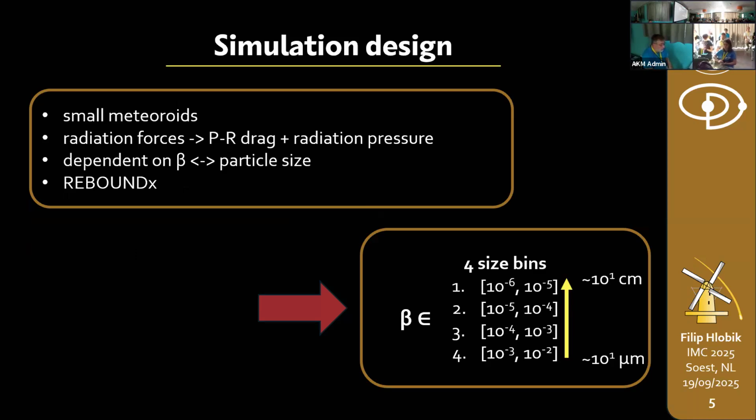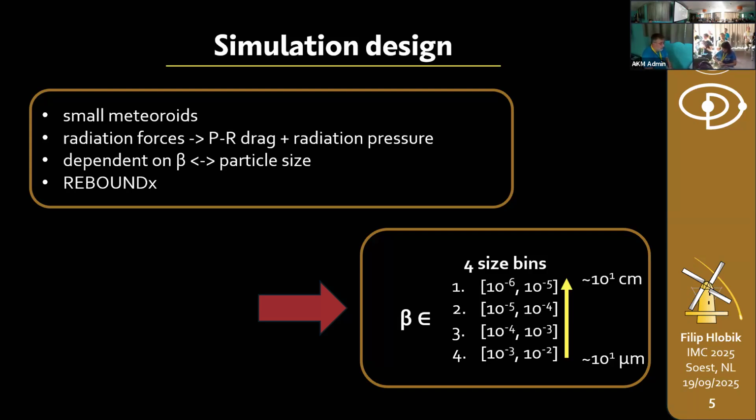Getting back to the size bins, as we're dealing with small meteoroids, we have to take into account not only the gravitational force, but also non-gravitational forces. In this case, the radiation forces, namely the Poynting-Robertson drag and the radiation pressure from the Sun, which are both dependent on the beta parameter, which corresponds to the particle size.